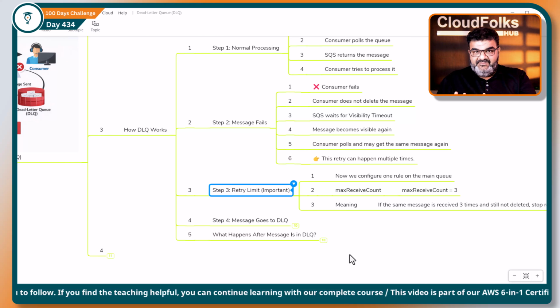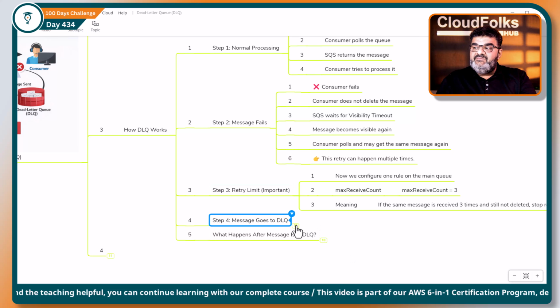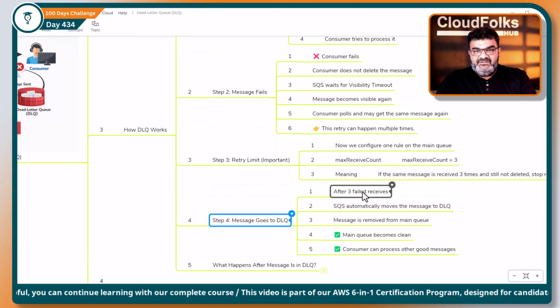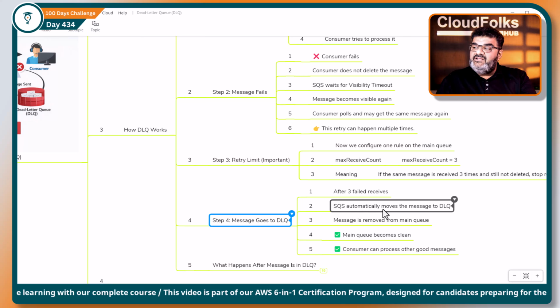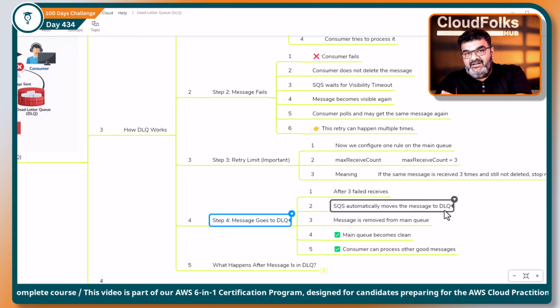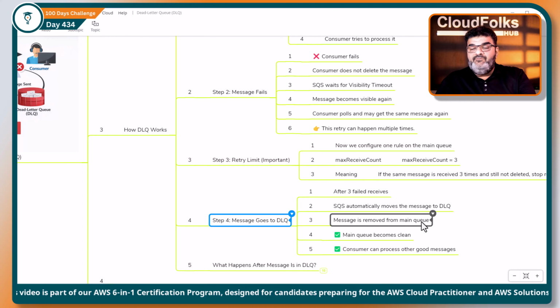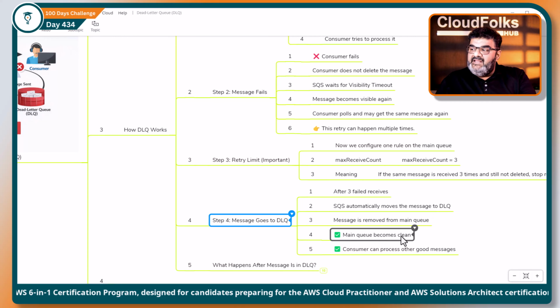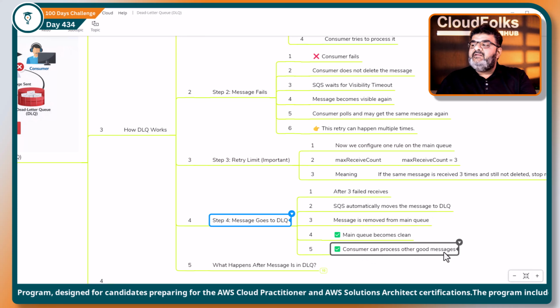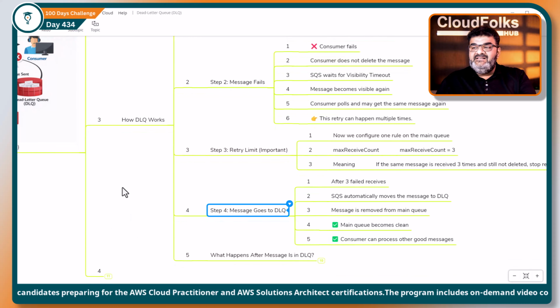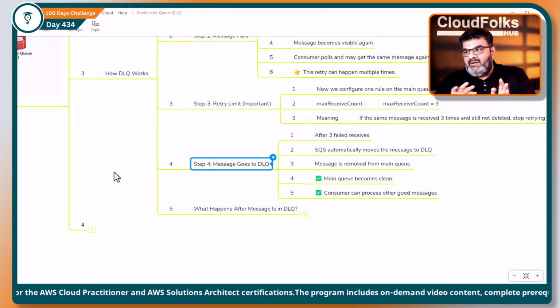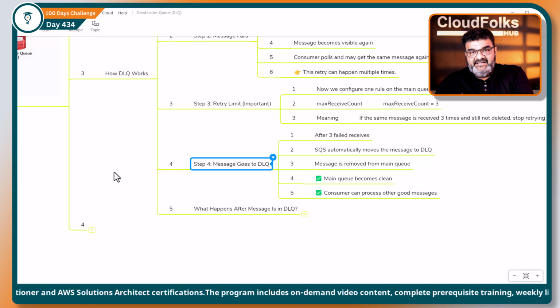So, wait for 3 times. Then, if it is going to be visible a 4th time, then after 3 receives, SQS automatically moves the message to the DLQ. The message is removed from the main queue. The main queue becomes clean and the consumer can process the good messages. It means this problematic message is now out of the queue and it is now in the DLQ.